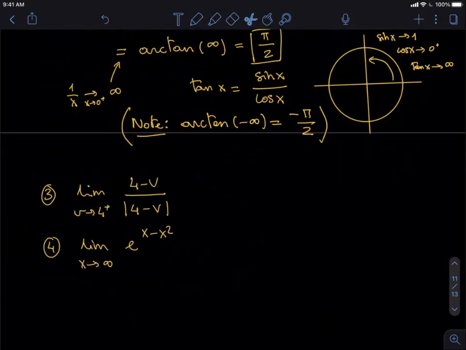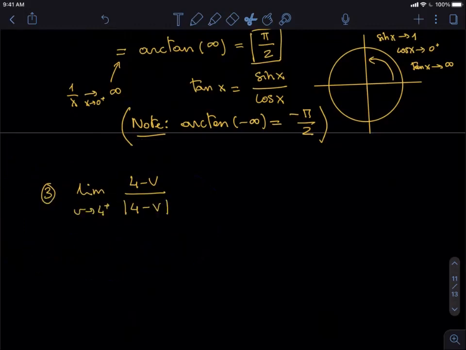Number 3 involves the absolute value of a number, and usually people don't like those. But there's no problem, actually, if you just write down what the definition of absolute value is.